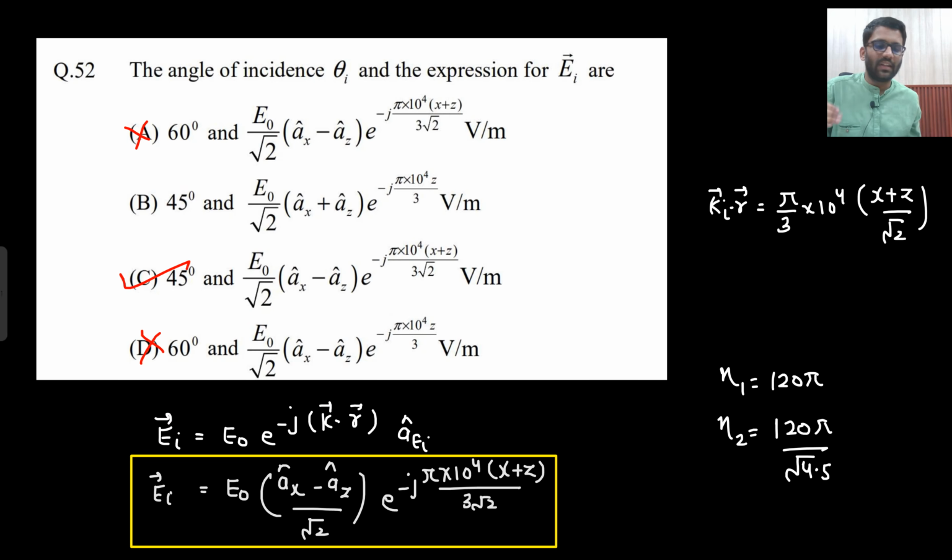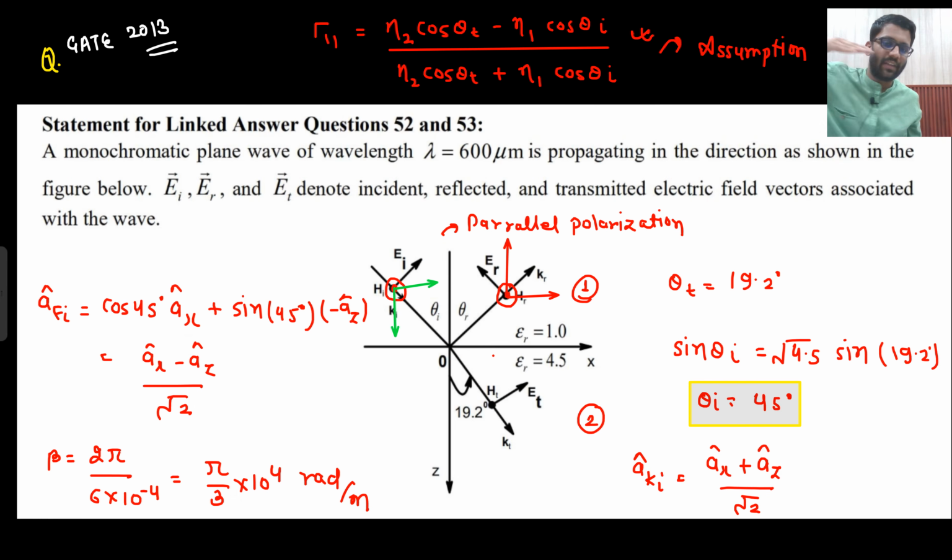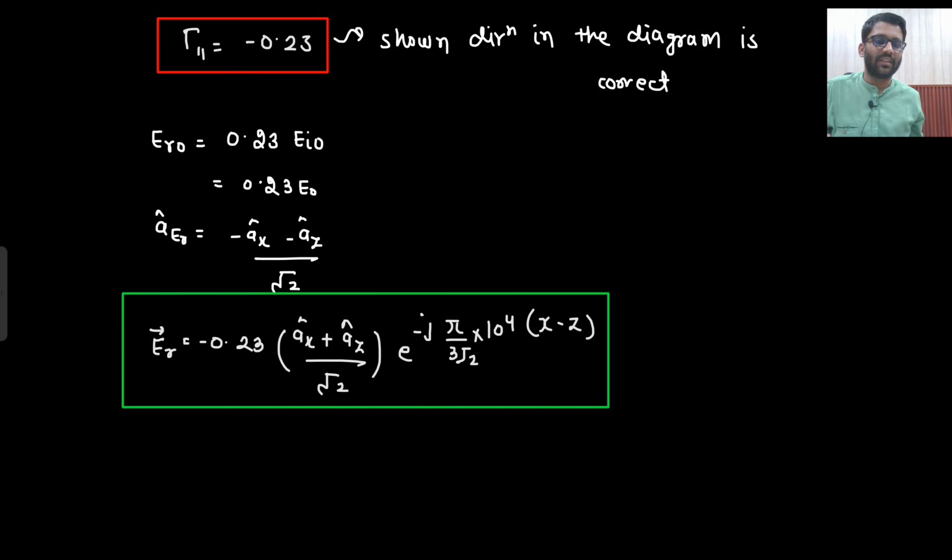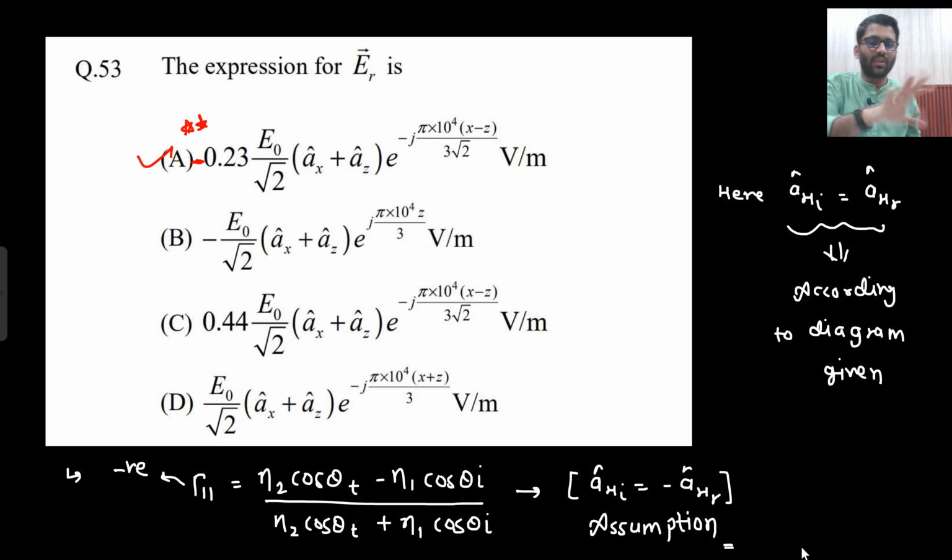Initially your incident EM wave was having plus x and plus z. Now your reflected EM wave is having plus x and minus z. So initially x plus z was coming, now x minus z would come. There is no doubt about that. All these things, the beta value and so on, you will be able to write down. But what about the direction of the electric field?